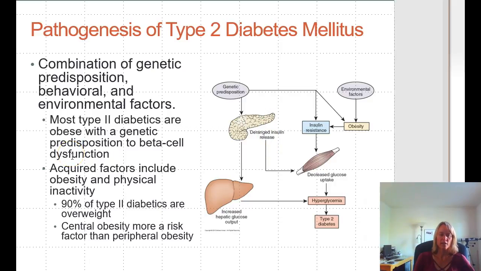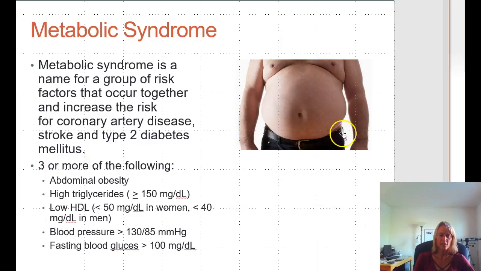Other factors include obesity and physical activity. As I mentioned, about 90% of type 2 diabetics are overweight, and central obesity is more of a risk factor than peripheral obesity. I have a picture of the guy here. Next slide. So central obesity as opposed to peripheral, like hips.